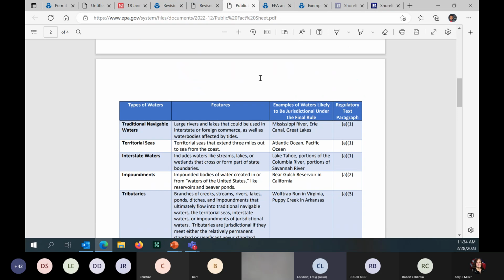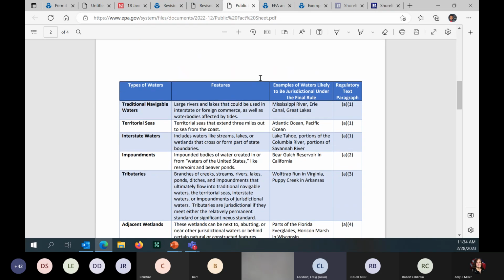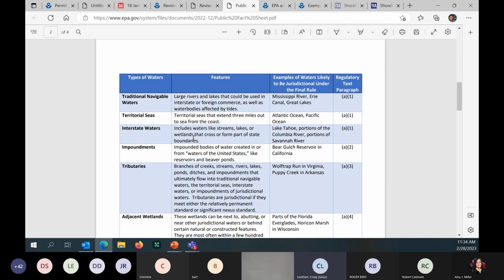If you scroll a little more, you can see the different types of waterways that fall under Section 404: the Mississippi River, the Erie Canal, the Great Lakes, territorial seas like the Atlantic and Pacific Oceans, and interstate waterways like Lake Tahoe and portions of the Columbia River. There are a lot of other areas, but these are examples that fall under the jurisdiction of the new final rule for the waters of the United States.